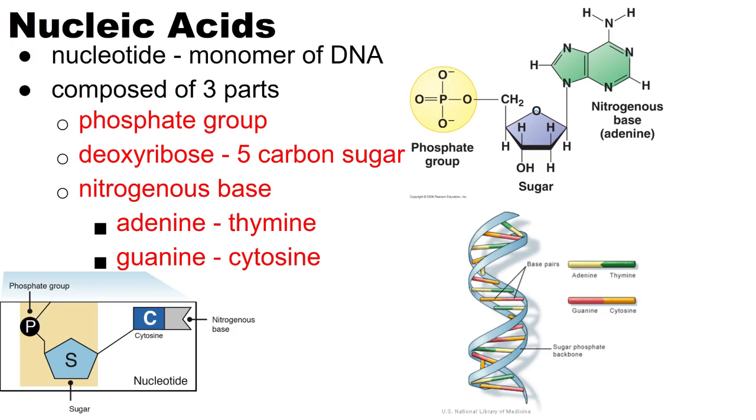And they always match up with each other in a certain way. Adenine, which we often abbreviate with the letter A, always matches up with the letter T, which stands for thymine. A and T go together. Apples and trees, cars and garages. Cytosine and guanine always match up together.